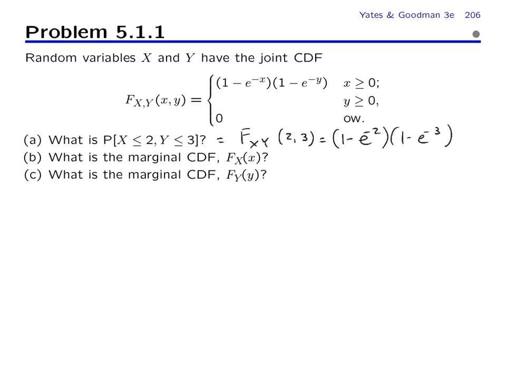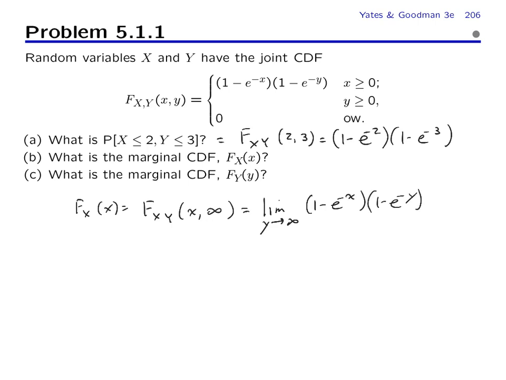Part B asks you to find the CDF of x, and that's equal to the joint CDF of x and y, where little x is fixed, but little y is infinity. So in fact, this is equal to the limit as y goes to infinity of 1 minus e to the minus x, times 1 minus e to the minus y.